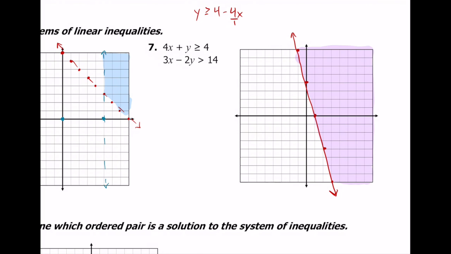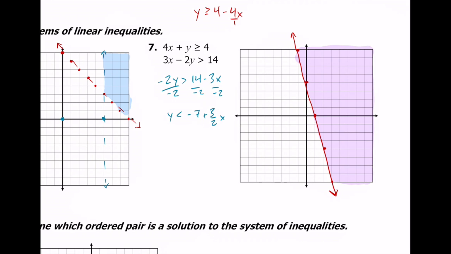Now we can move on to the other equation. So we'll subtract the 3x from both sides. So we have negative 2y is greater than 14 minus 3x. Divide everything by negative 2. So we have y now is less than negative 7 plus 3 halves x.